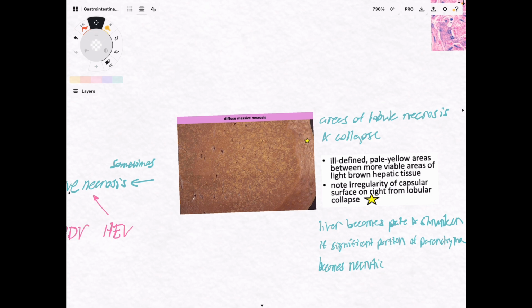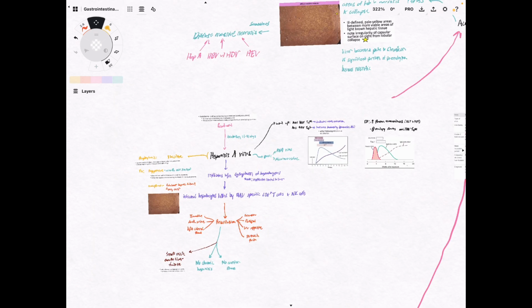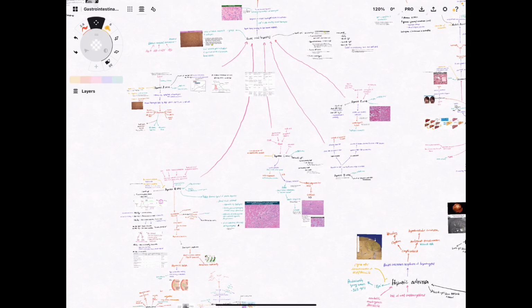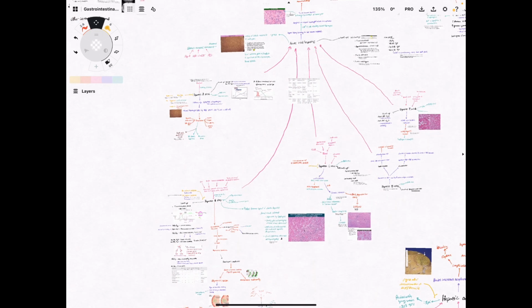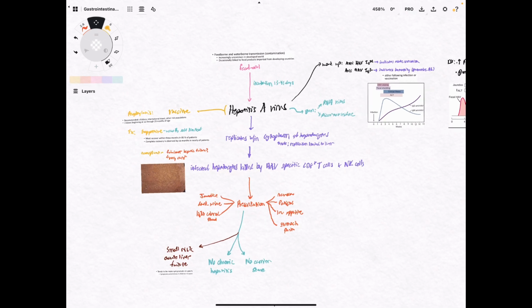Now that we've gotten there, let's start talking about more of the individual causes of acute viral hepatitis. We'll go into the individual viruses. We'll start with Hep A, then we'll move right along to Hep D and Hep E. Hep A is a picornavirus, so same family as polio or echoviruses or Coxsackie viruses, and it's also an RNA virus.